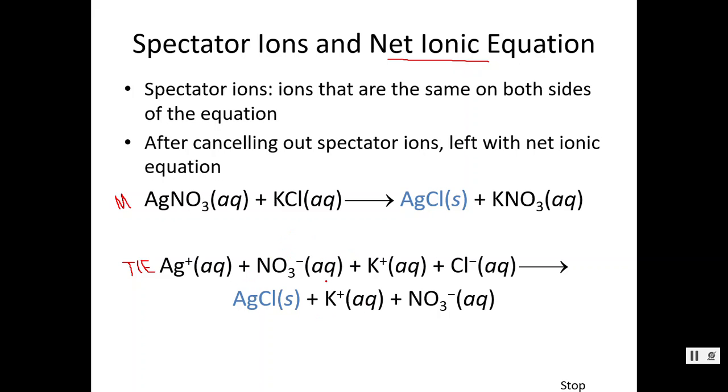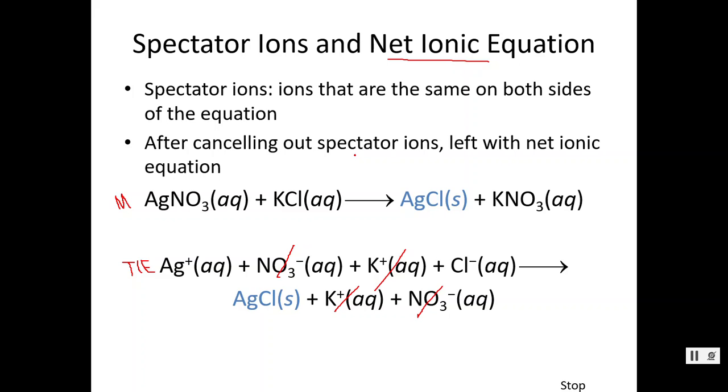So looking at our total ionic equation, we see that both sides have nitrate and potassium in common. Those can be crossed out. Those ions, those that are on both sides of the total ionic equation, are called spectator ions.